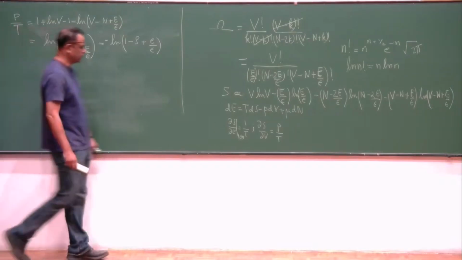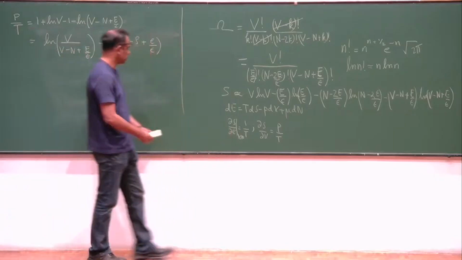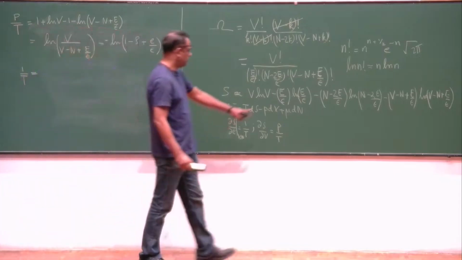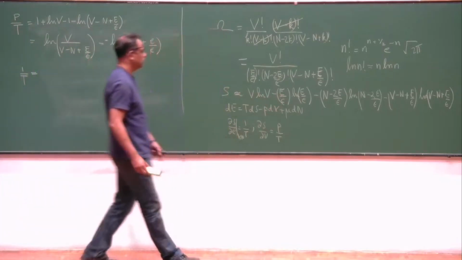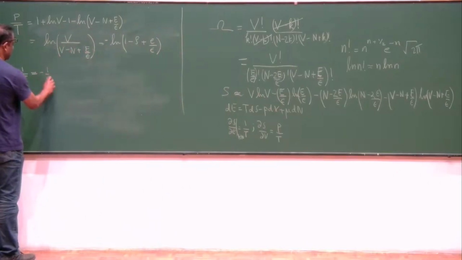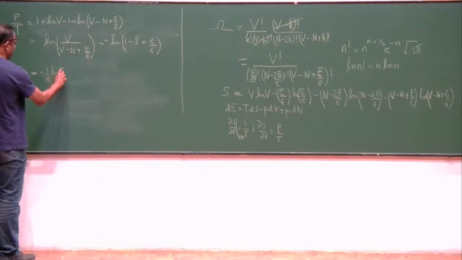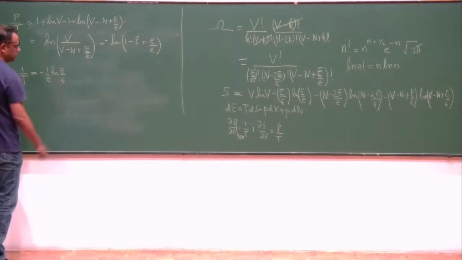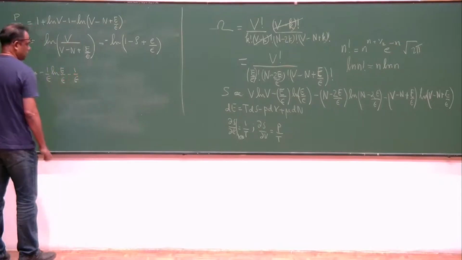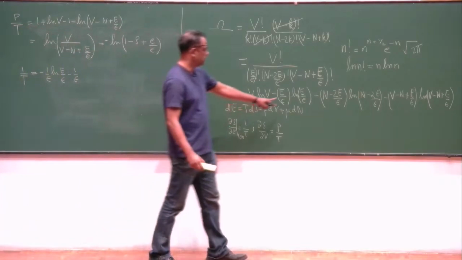Now I take my second derivative here. So I get 1 by T. When I differentiate with respect to E, first I get minus 1 by epsilon, minus 1 by, that's when I differentiate this one.